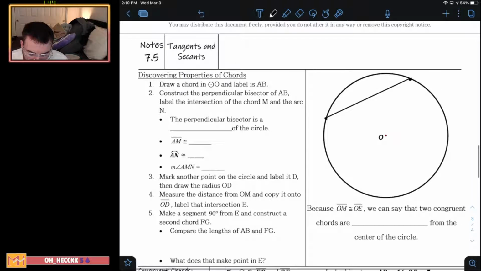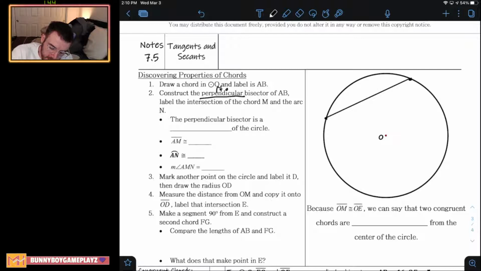We're then going to, well, perpendicular means a right angle and bisector means to split in half. So we're going to draw a segment that is both perpendicular to AB and also a bisector.